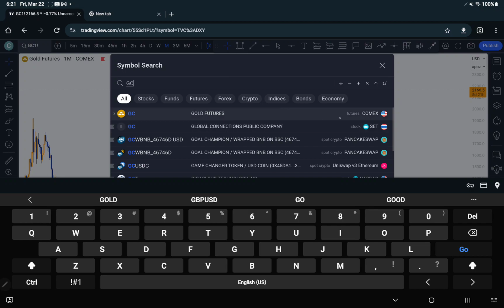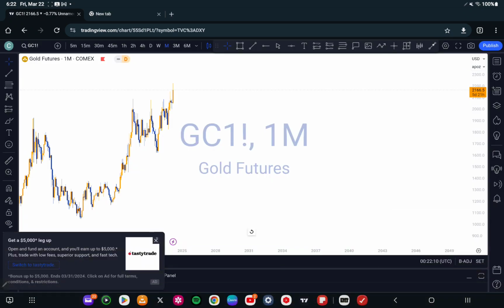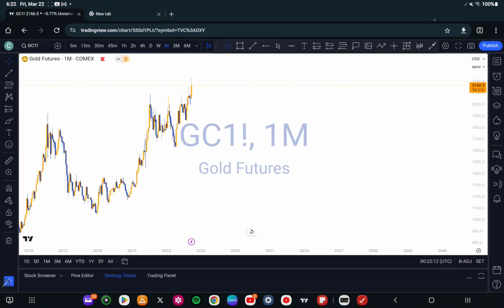You can see around this area right here it has the GC. So GC is basically gold related. It's gold on futures, so you click on that and you'll be able to get gold, and you'll see something like this. There are always different kinds of GC, like GC1, right? Different types, but I like to choose the one that is GC1 with the exclamation mark.